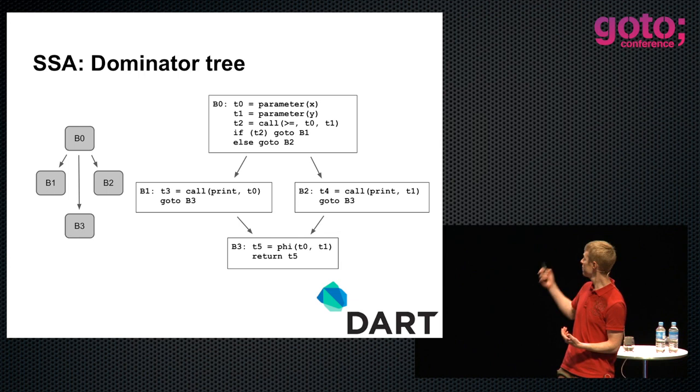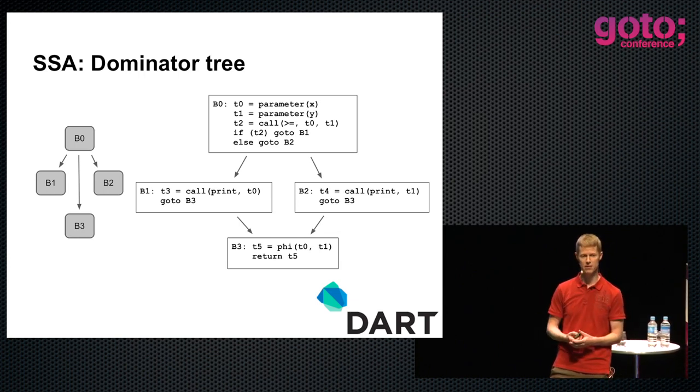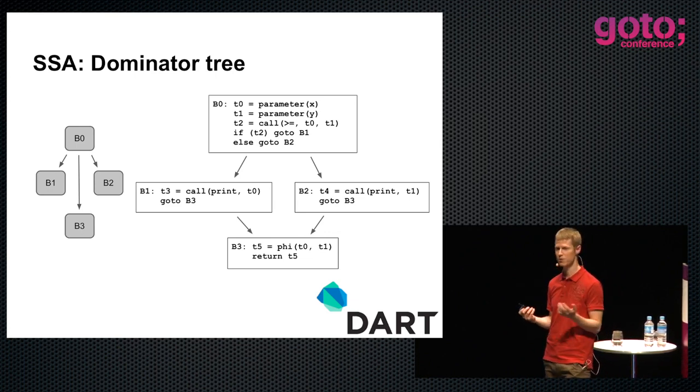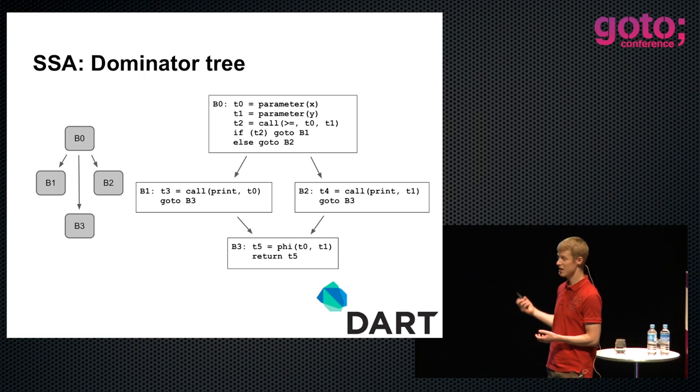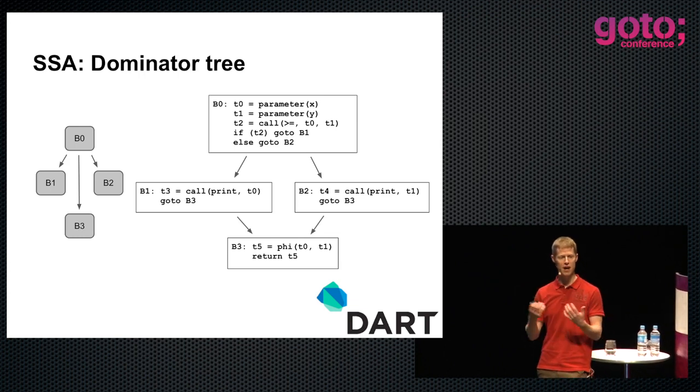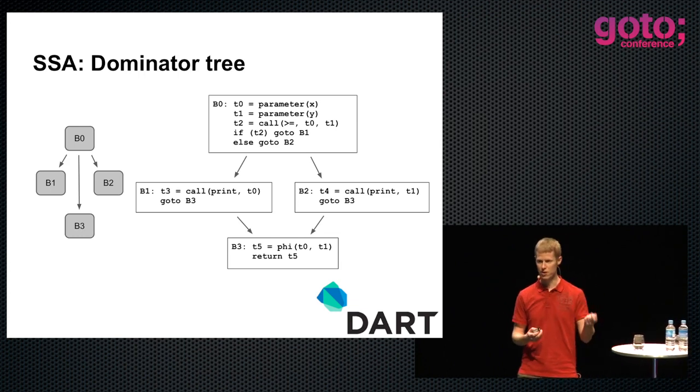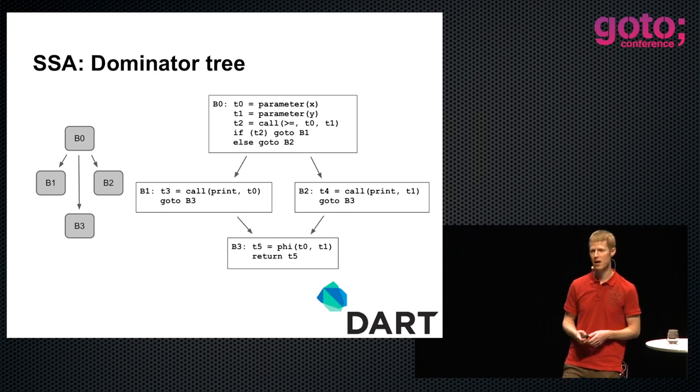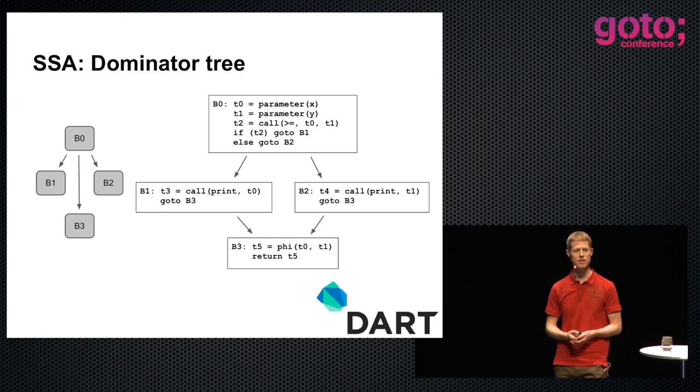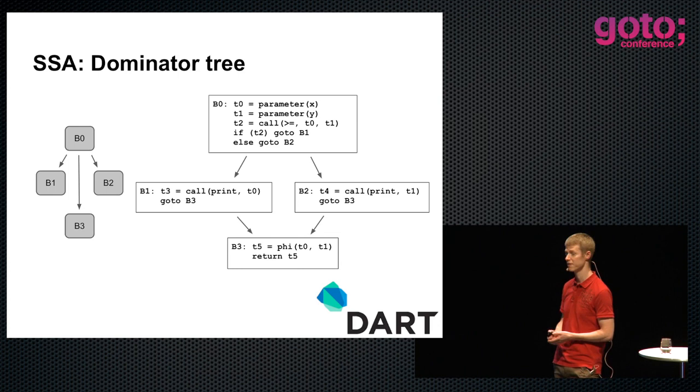But you know for all the blocks that are not B0, that B0 will have been executed and run to completion before you start running B1, B2, or B3. This allows you to start propagating information that you find in B0 to the nodes in B1, B2, and B3. So we use a lot of dominator tree traversals in the optimizing phase of the compiler.